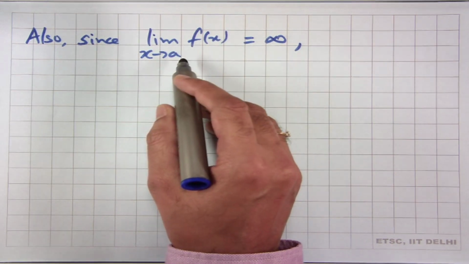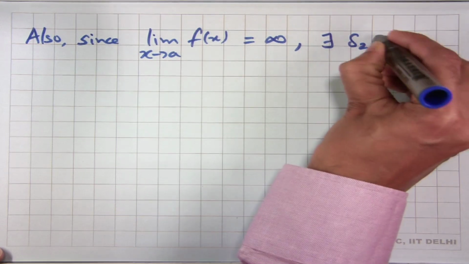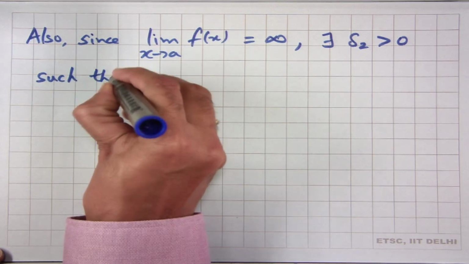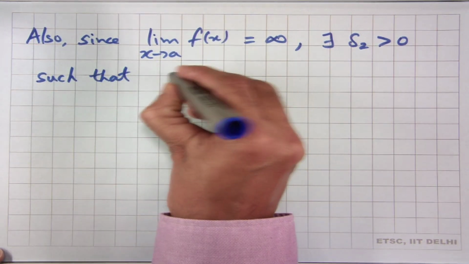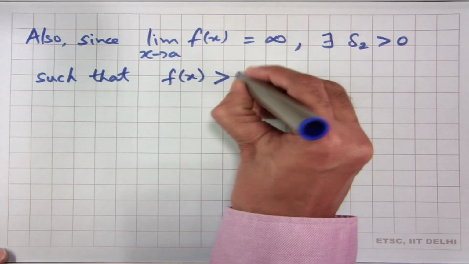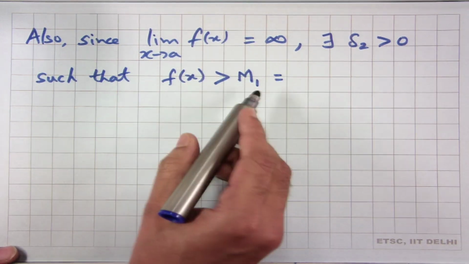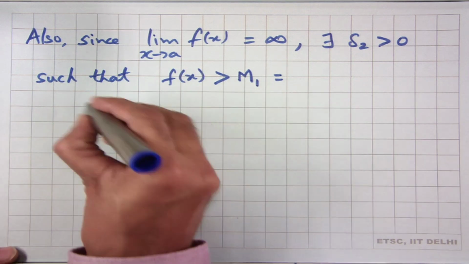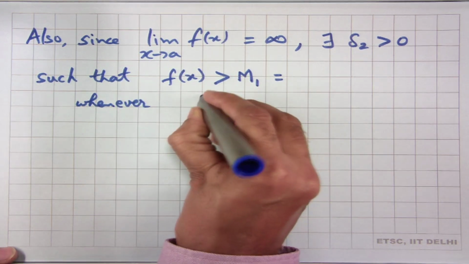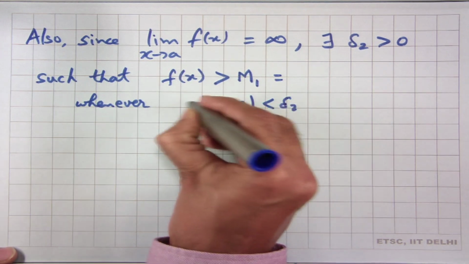So, there exists a delta 2 positive such that f of x is greater than, let me write here m1, and I will write what this is later. So, f of x is greater than m1 whenever mod x minus a is less than delta 2 and greater than 0.